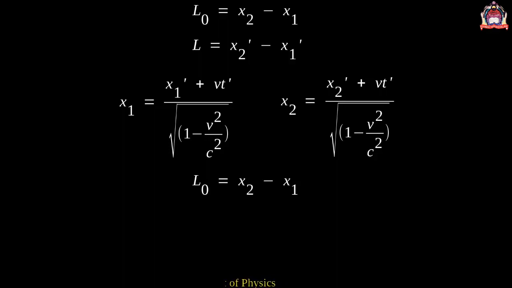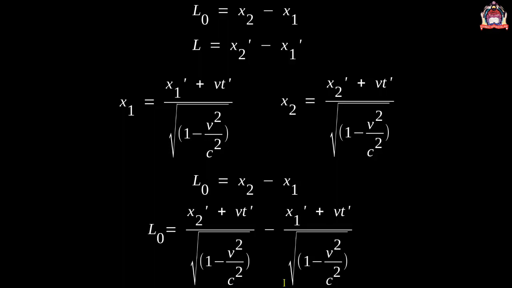So just substitute the values and take the subtraction. L0 is equal to the value of x2 minus the value of x1. So L0 = (x2 dash + vt dash) divided by the square root of 1 - v square by c square, minus (x1 dash + vt dash) divided by the square root of 1 - v square by c square.